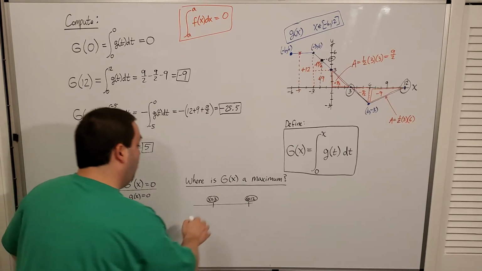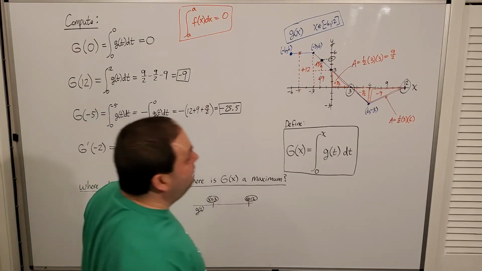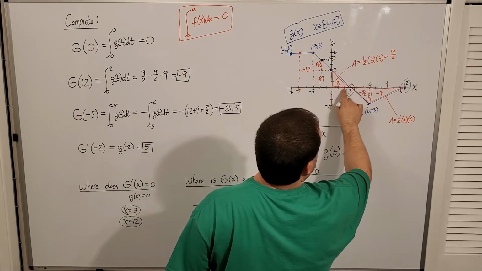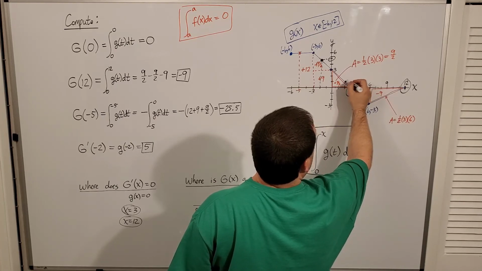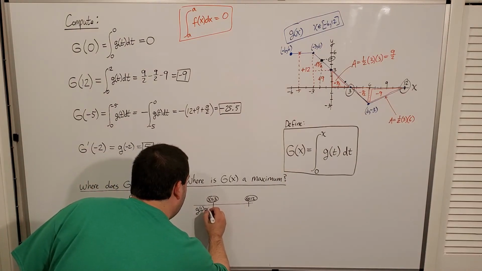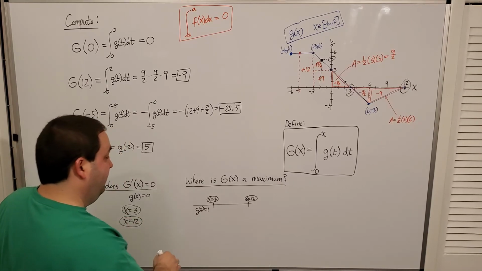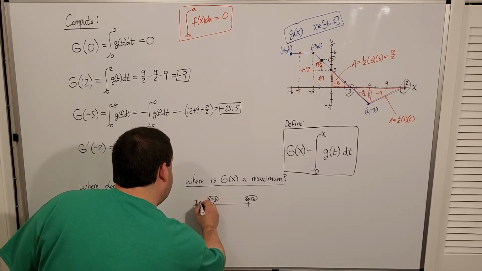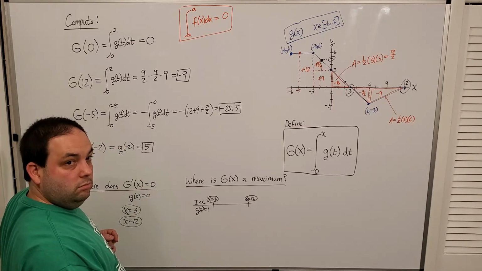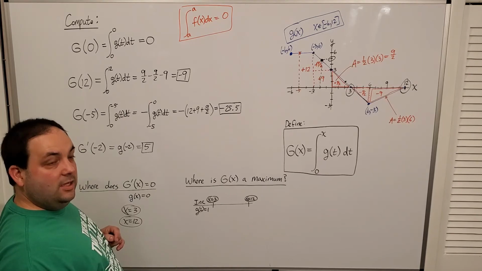Okay, so over here, all I need to do is pick some value, like what's little g of 2? And I don't even care about the number, but we can figure that out, right? Little g of 2 right here looks like it's right at 1. My derivative is little g. It's positive. That means that this is increasing on a whole interval. There's a whole interval of increase up to x equals 3.